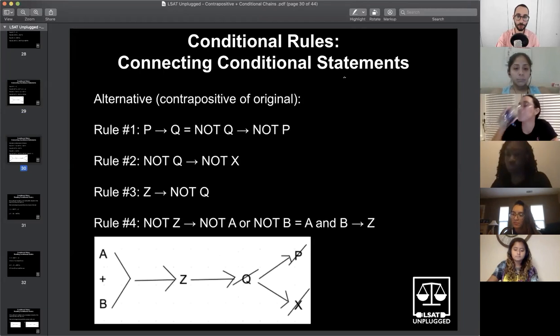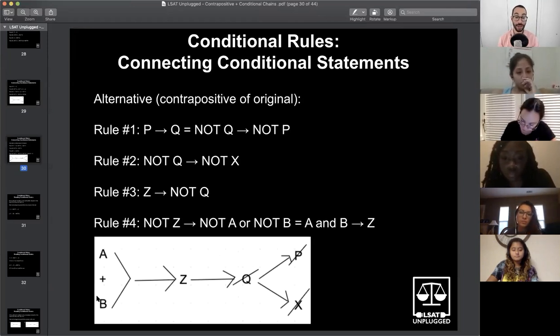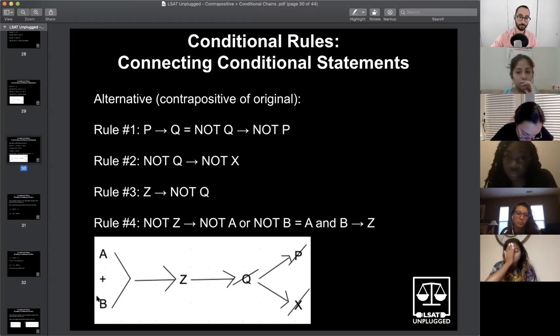All right, so here's the alternative diagram for those of you who did it the other way. If we have both A and B in, then we will have Z. If we have Z, we won't have Q. If we don't have Q, then we will lack both P and X, meaning both P and X will be out.